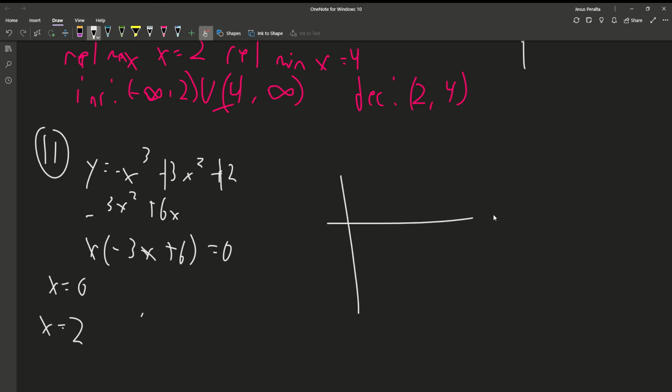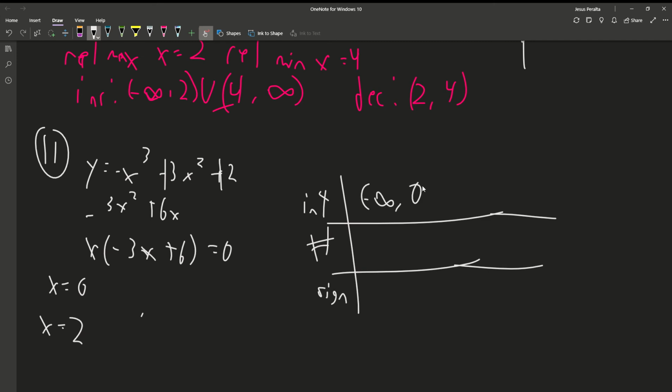So then we make our charts. So then we have our intervals, our number, and our sign. So we have negative infinity to 0, then 0 to 2, and 2 to infinity.